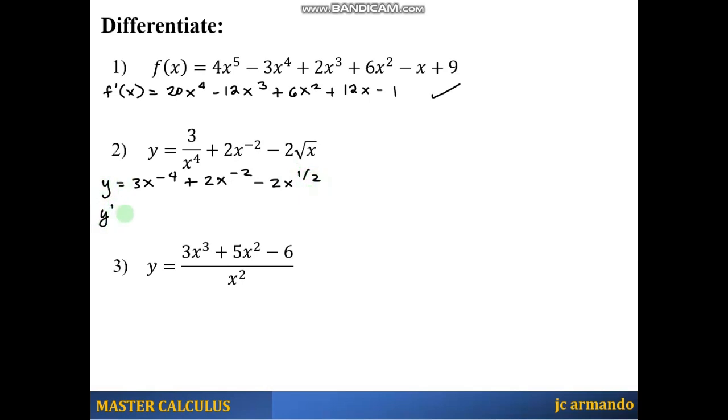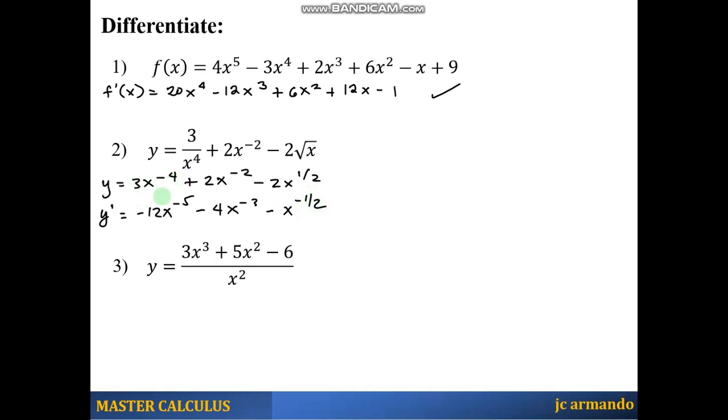Differentiate, so y prime equals negative 4 times 3, negative 12, x, negative 4 minus 1, negative 5. 2 times negative 2, negative 4x, negative 2 minus 1, negative 3. Negative 2 times 1 half is negative 1, x, 1 half minus 1, negative 1 half.